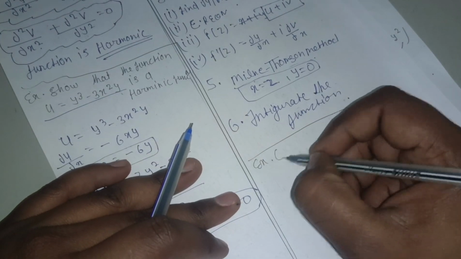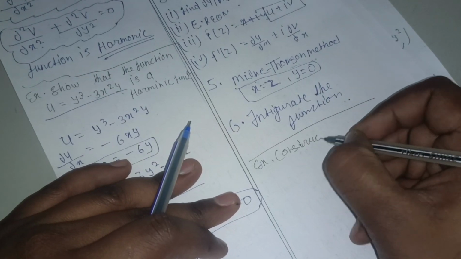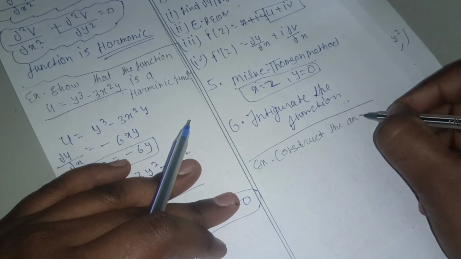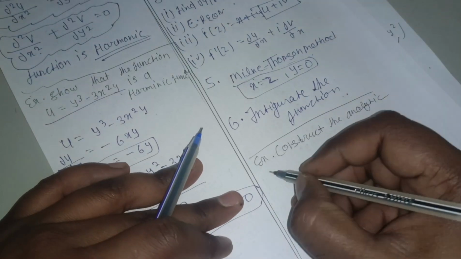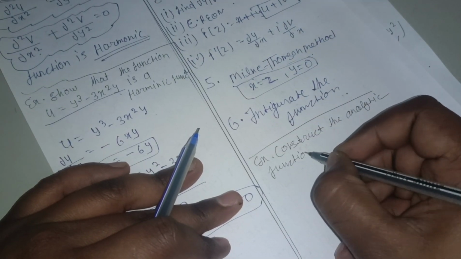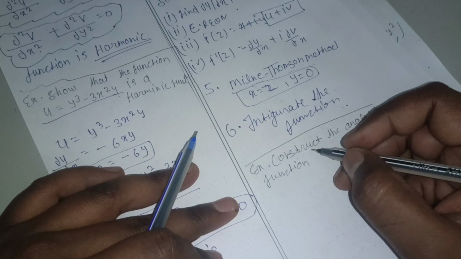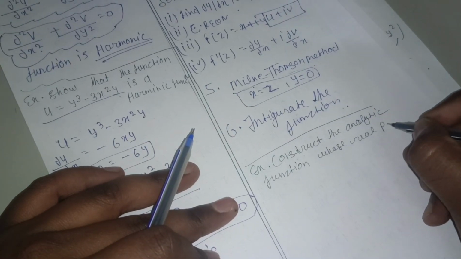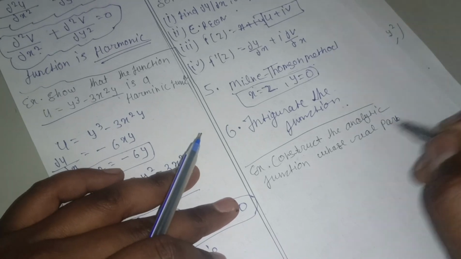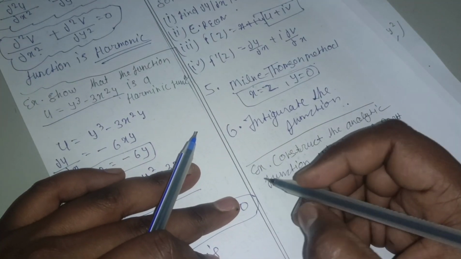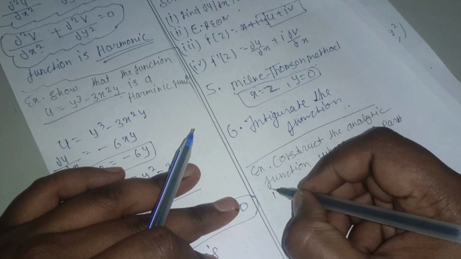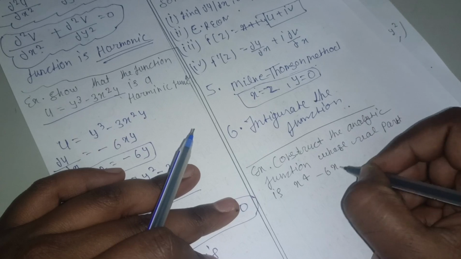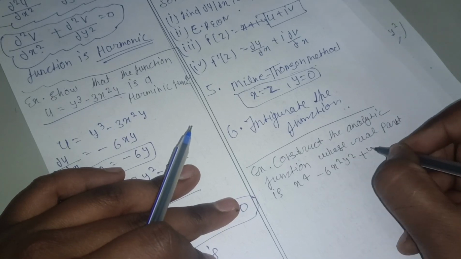We have to construct the analytic function whose real part is x to the power 4 minus 6x square y square plus y to the power 4.